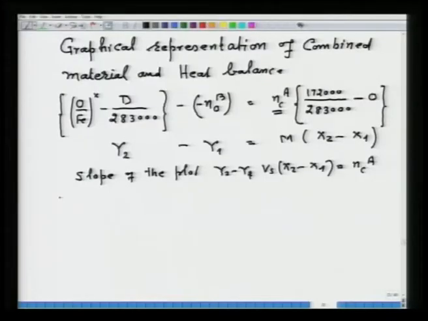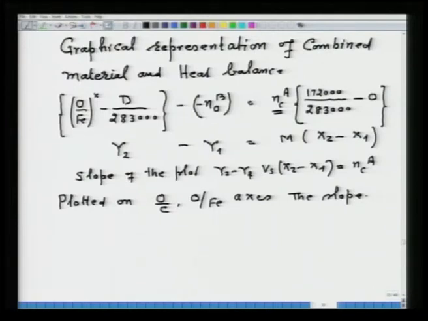Now, let us see if those things are plotted on O by C and O by Fe axes.